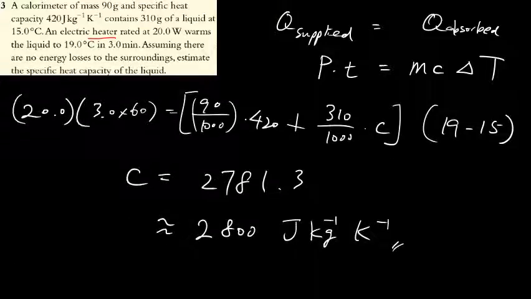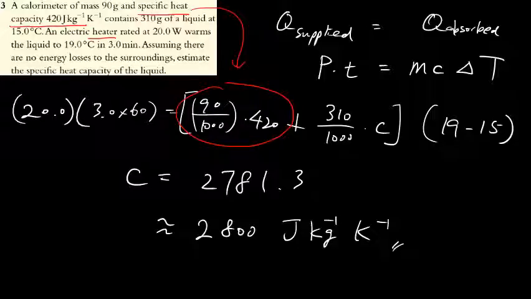Therefore you substitute all the things you know, and pay attention that this part corresponds to the specific heat of that mass, whatever mass it is. For the other part, that will be the liquid.